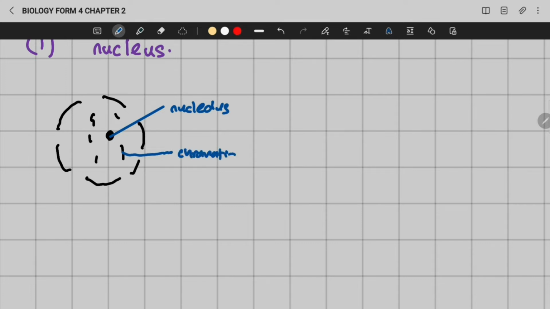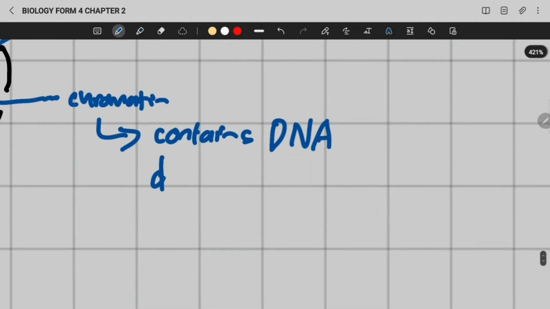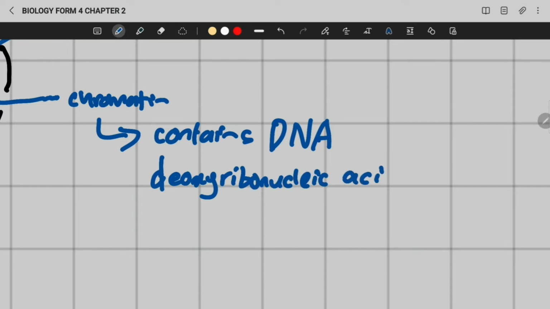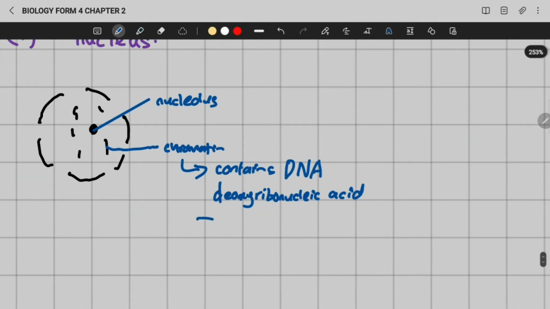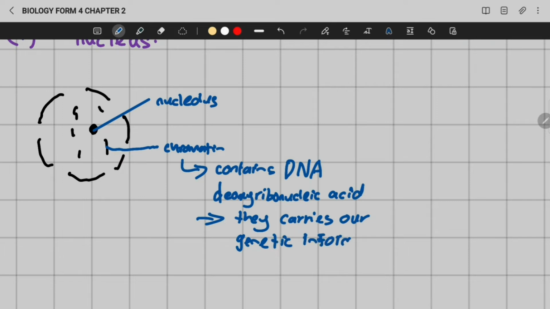Chromatin contains DNA. What is DNA? DNA stands for deoxyribonucleic acid, in which they carry our genetic information, and they control all the processes in the cell.